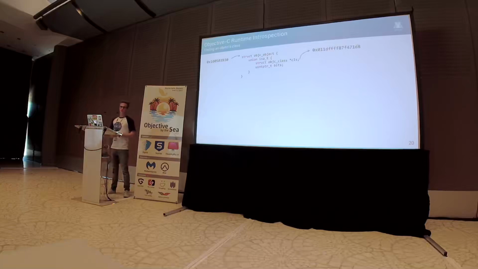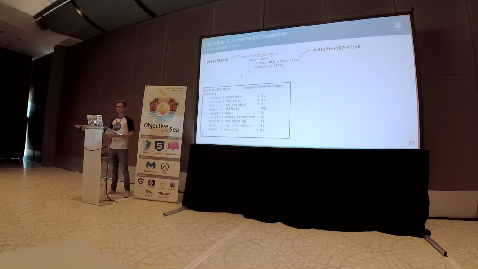And if you look at this pointer in the debugger, it might look odd because it doesn't look like a valid address. This is because the Objective-C runtime actually uses some unused bits in the ISA pointer for reference counting and some other attributes.